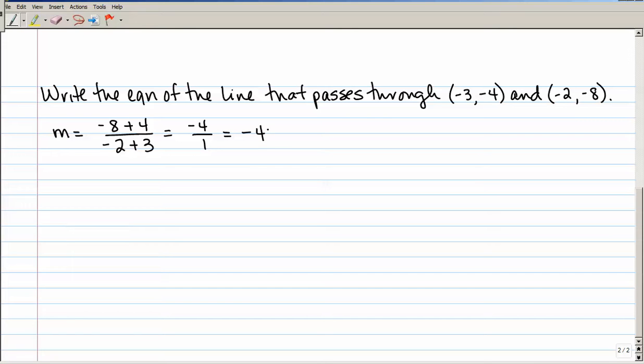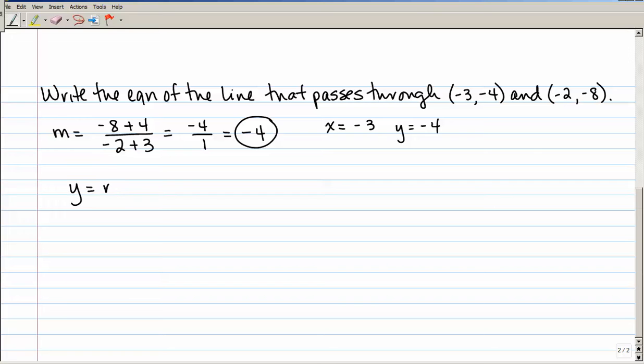Now that I have my slope, I'm going to use the same procedure that I did in the previous example, and it doesn't matter which ordered pair I use. I'm going to end up with the same y-intercept. So I think I'll use the first one, where x is -3 and y is -4.